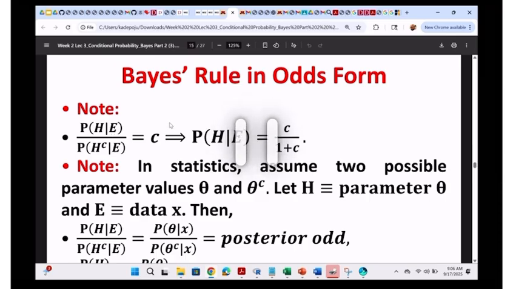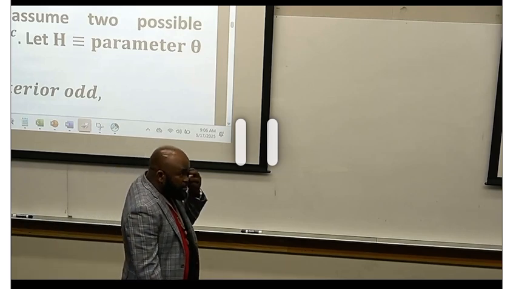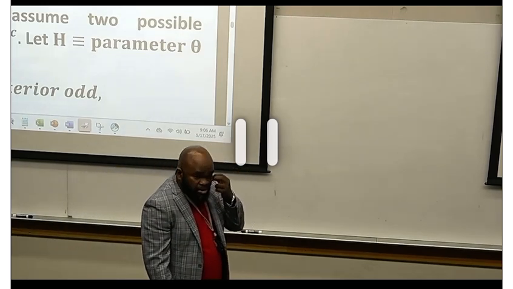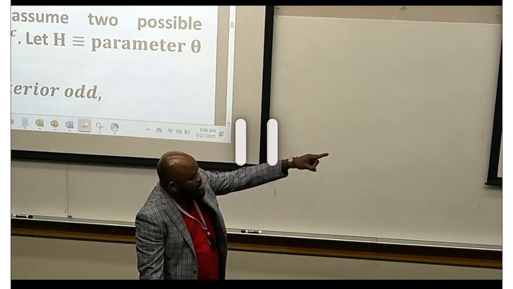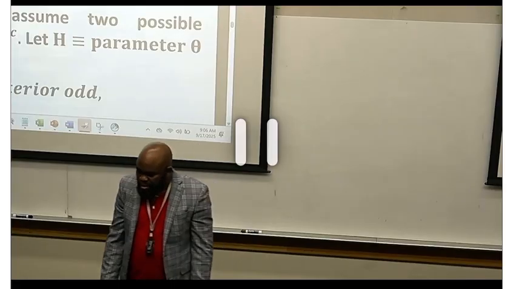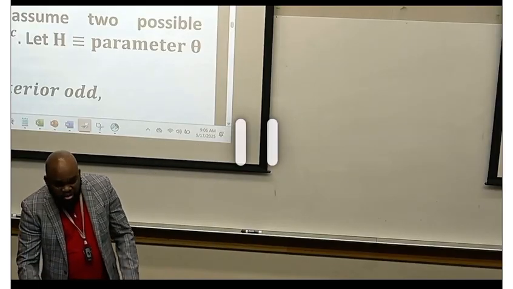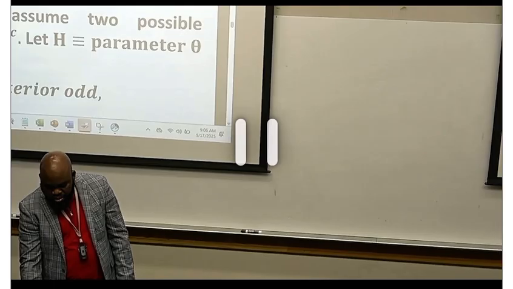Now, in statistics, particularly in the court of law, there are two possible values the parameter can take. Either somebody is innocent or somebody is guilty. So we take a look at theta and theta complement. Those are the two possible parameters.